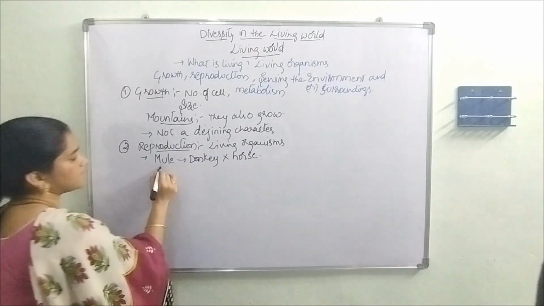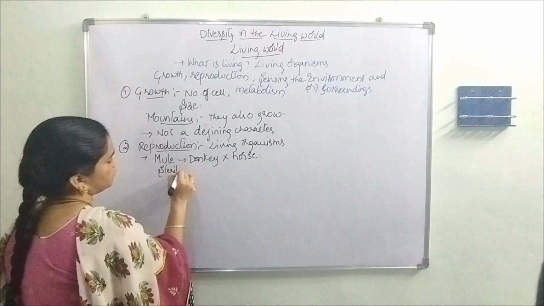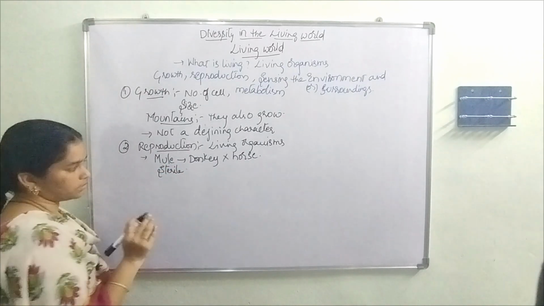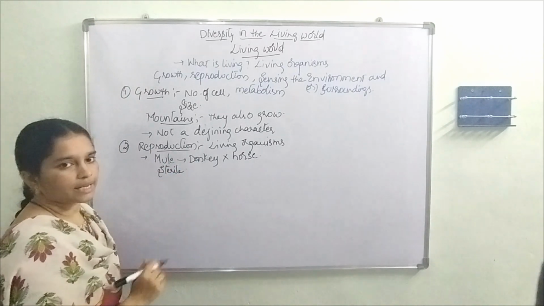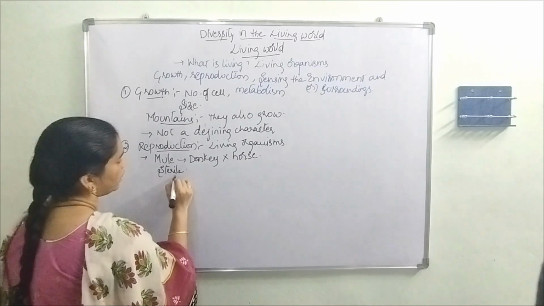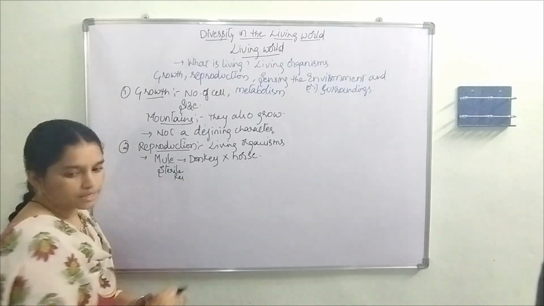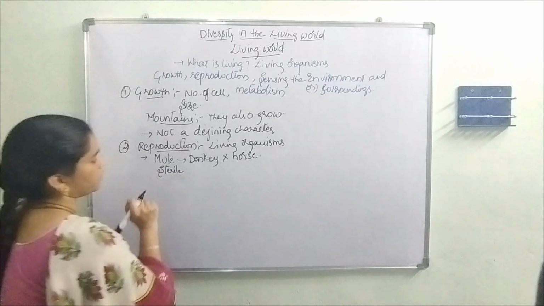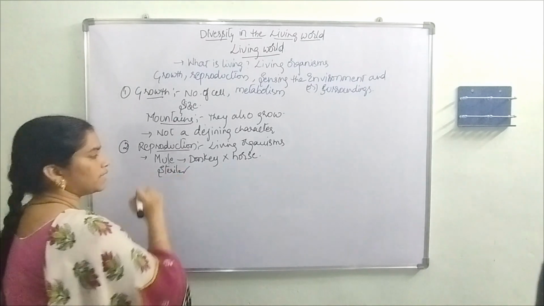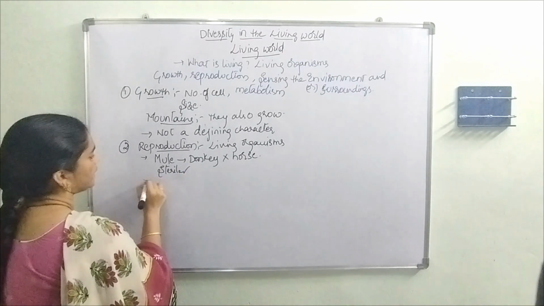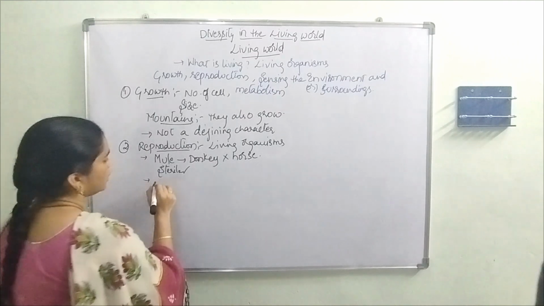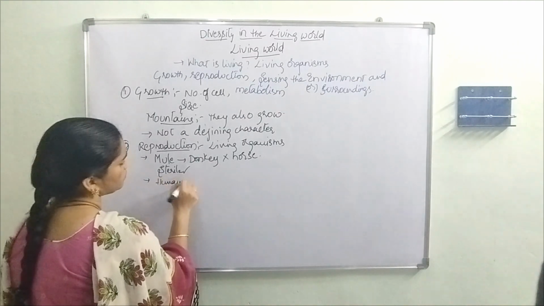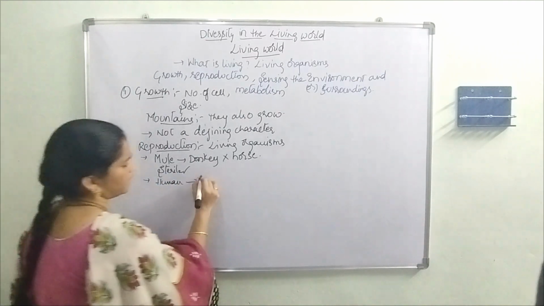This mule is sterile. It cannot reproduce. So it is a living thing, but it cannot reproduce. Let us take another example. In human beings, some males are sterile.